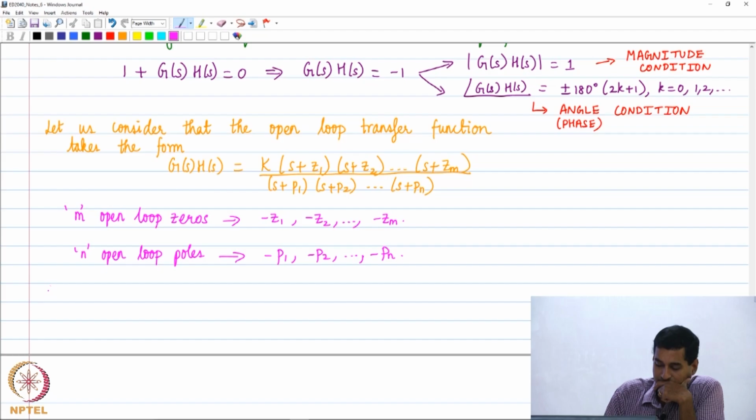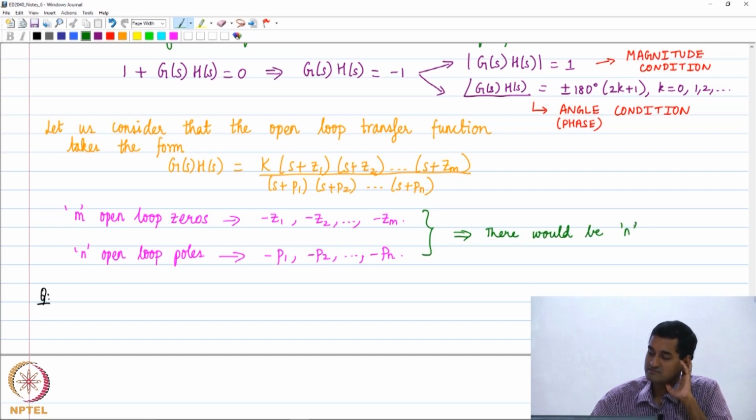Now, what is the question we are going to ask ourselves? Before that, this implies that you can immediately see that there would be n closed loop poles. Why?